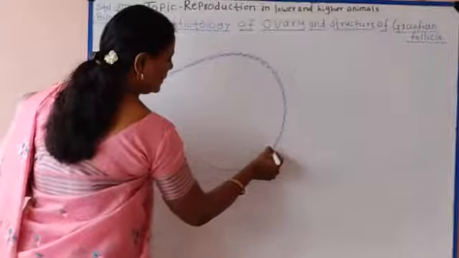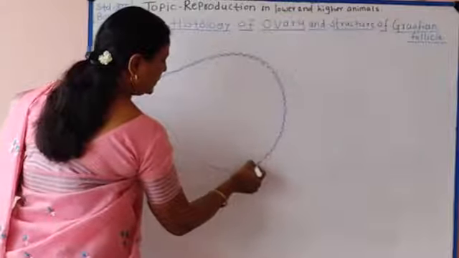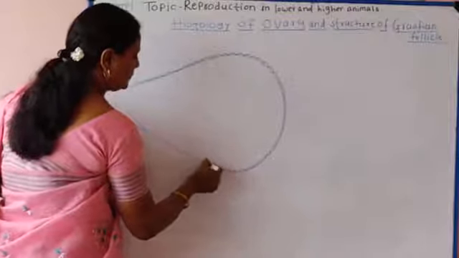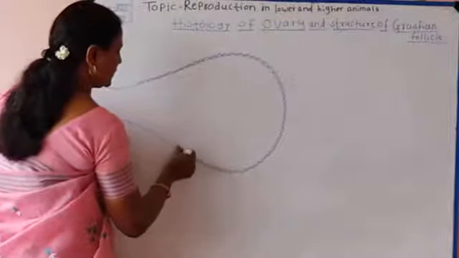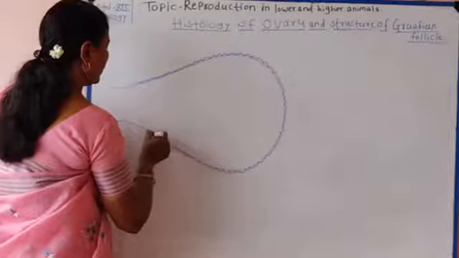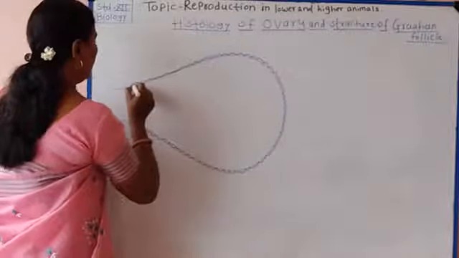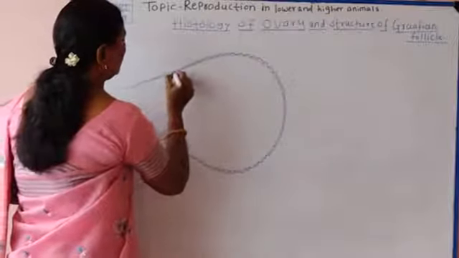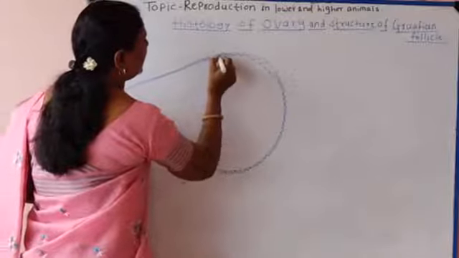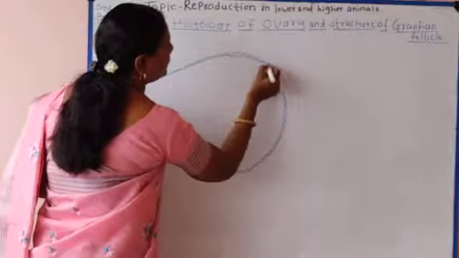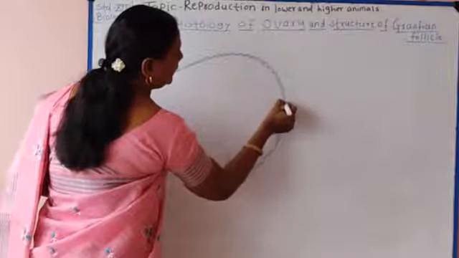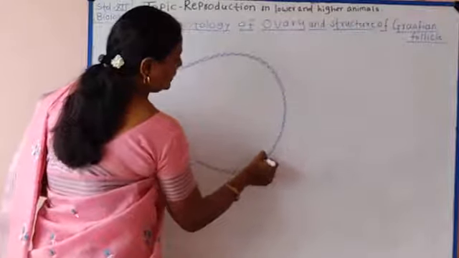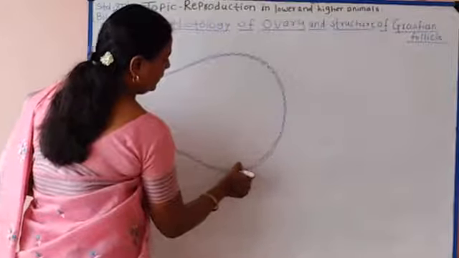So this is the outermost layer, that is the germinal epithelium. Now, inside the germinal epithelium, there is a layer that is called as the tunica albuginea.